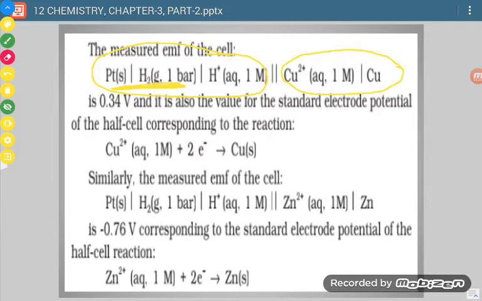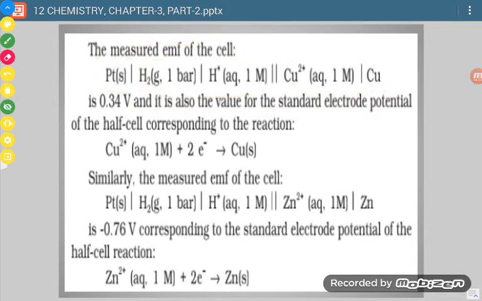Now whatever change occurs in hydrogen, whether it is reduction or oxidation, it needs a surface. So the platinum foil, which is coated with platinum black, provides the surface for its reaction, whether it is oxidation or reduction. Here it is written on the left side, so it means it is acting as anode and there will be an oxidation process. So this will change into this.